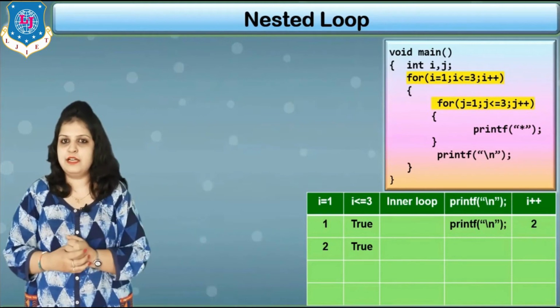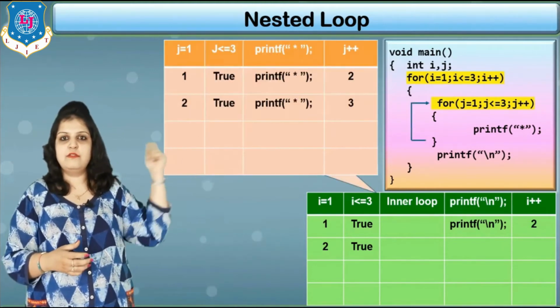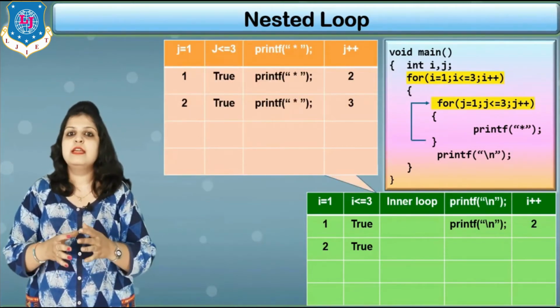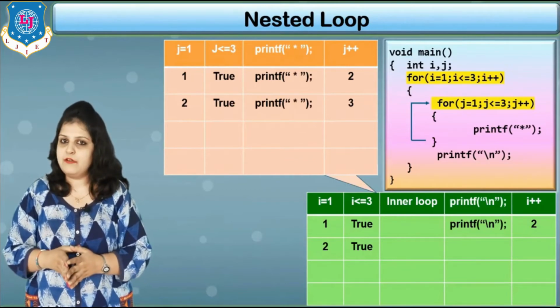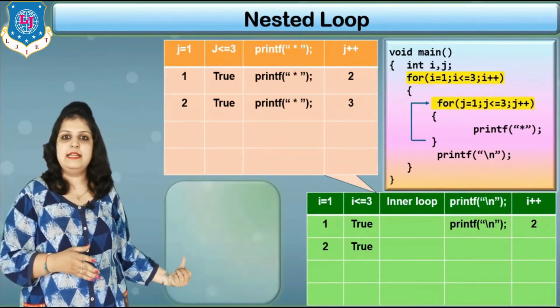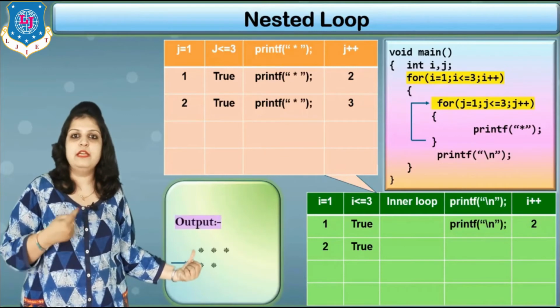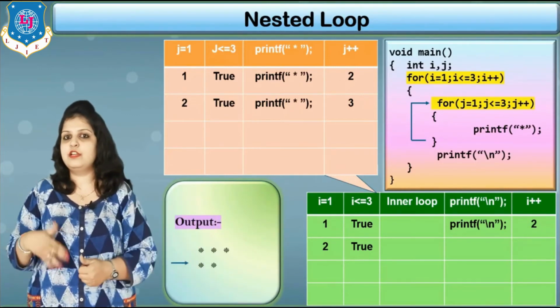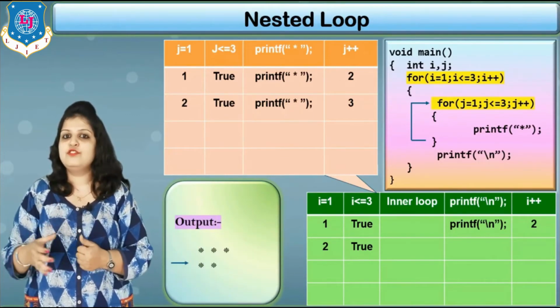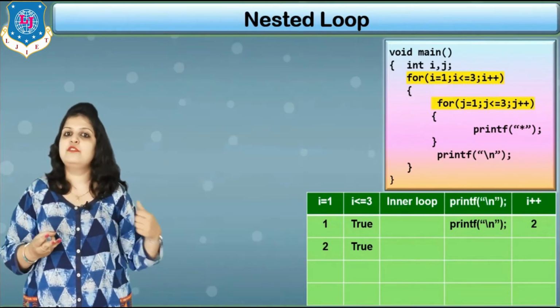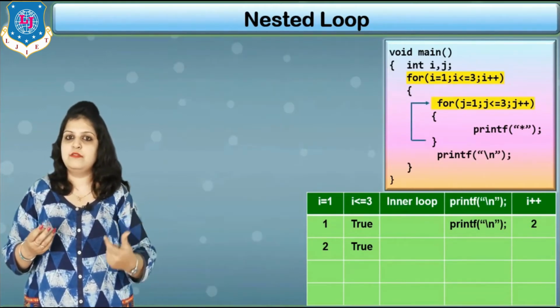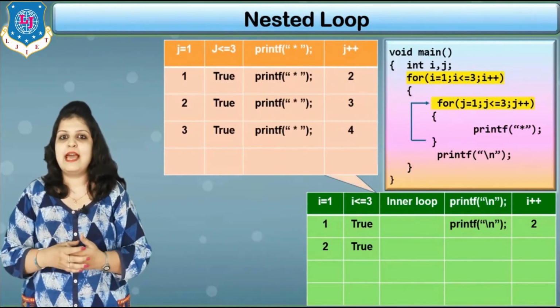Check the condition that 2 less or equal to 3, condition true, yes. So again printf is executed, and the second star in the second line will be printed, and then after that j will be plus plus. So j becomes 3. Now check the condition, 3 less or equal to 3, condition true, yes.